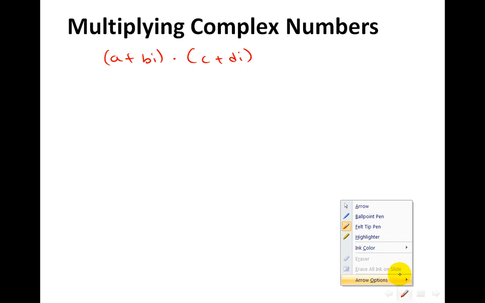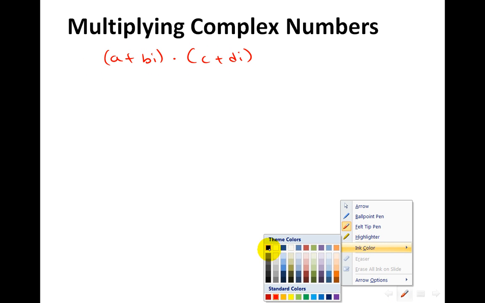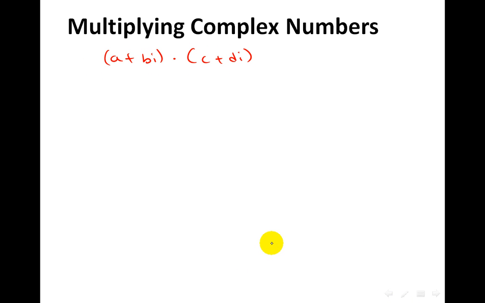Now let's talk about multiplying complex numbers. First I'll give you the formula. Let's say that you're going to multiply these two complex numbers together. Okay, let's say that you'll multiply a plus bi multiplied by c plus di.